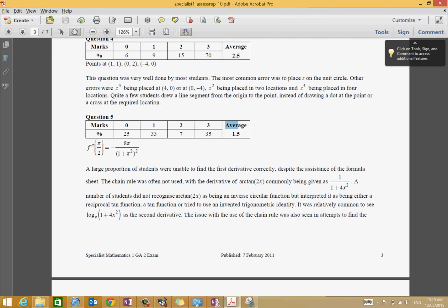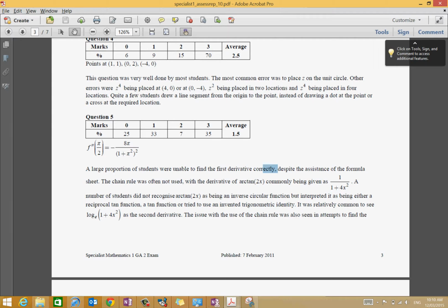The chain rule was often not used, which I said you need to use, because the people that look on the formula sheet will just see that the derivative of inverse tan of x is 1 over 1 plus x squared. And then they won't realise that the derivative of inverse tan of 2x is 1 over 1 plus 4x squared.